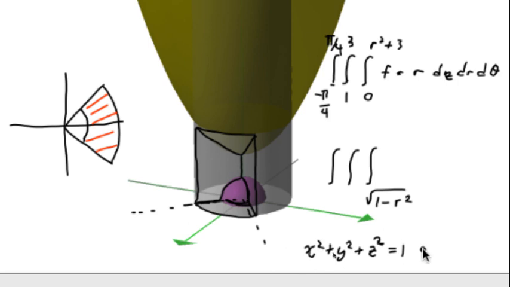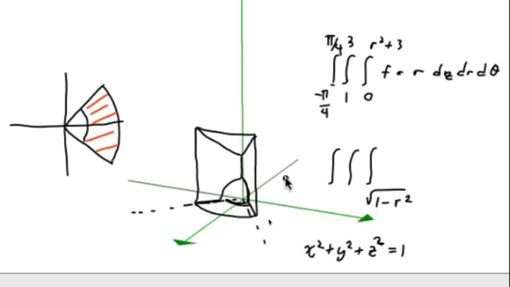So the bottom, and now we're doing this part, right? So my projection now, when I enter into the sphere, I still leave at r squared plus 3, right?